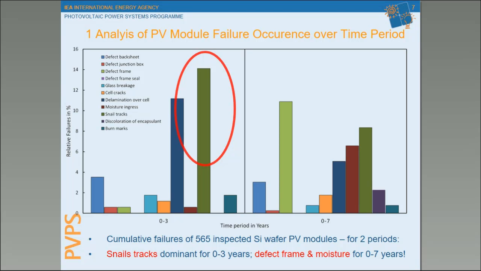You see again that for silicon wafer-based modules, for these two periods, snail tracks are typically dominant in the early years, between 0 and 3 years, while the defect frame and moisture issues come during the operation time.